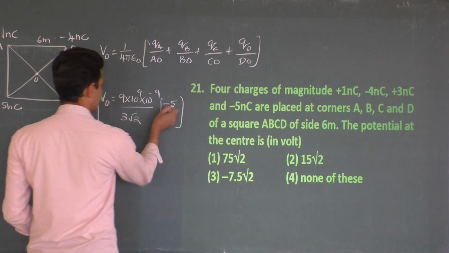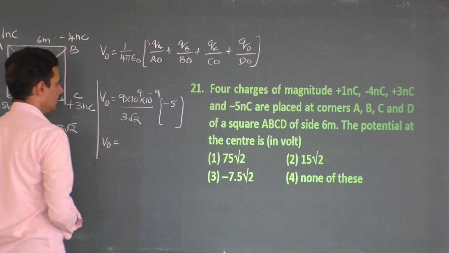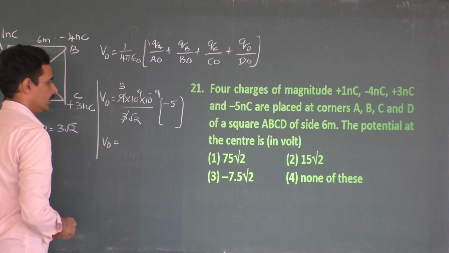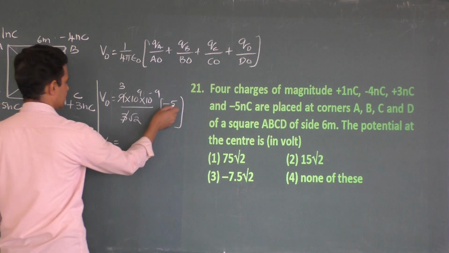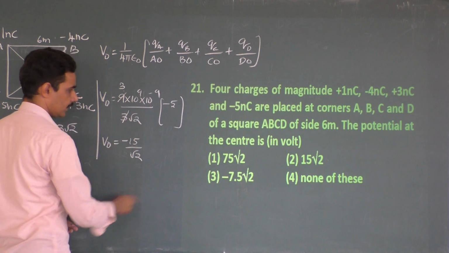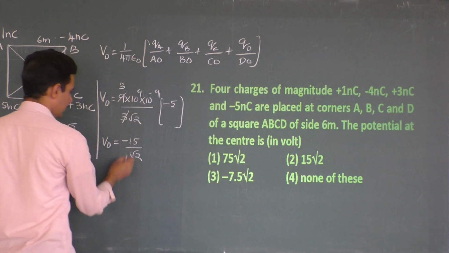Nano has already been taken outside. So what remains is V naught equal to 3 3s are 9, and this is minus 15 by root 2. Of course 15 into root 2 is not possible, so it is 15 by root 2.